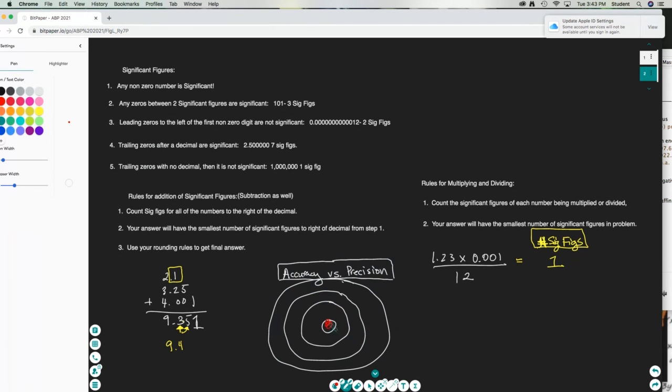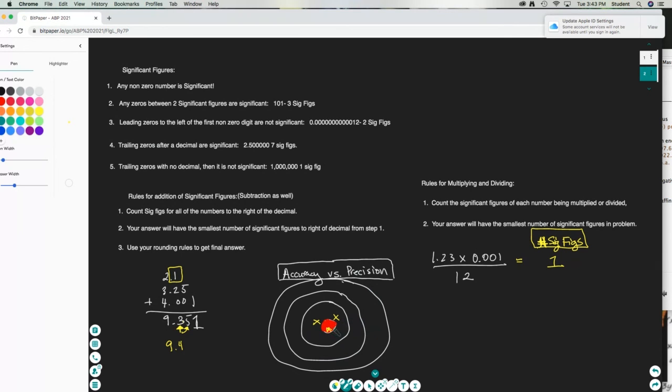Okay, so accuracy is how close you are to the actual value, right? How accurate is your measurement? Precision is the repeatability of your measurement, okay? So if you're shooting your arrow and your shots land like this, almost looks like a clown there, doesn't it?